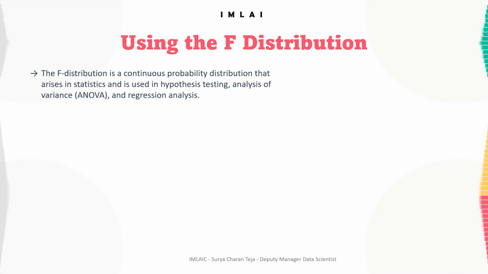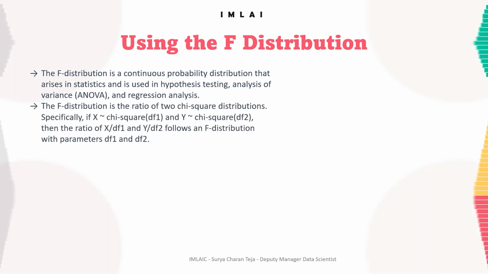The F distribution is the ratio of two chi-square distributions. Specifically, if X is chi-square with degrees of freedom df1, and you have another variable, another sample or another population, Y, that is chi-square with degrees of freedom df2, in total you will have two chi-square values.